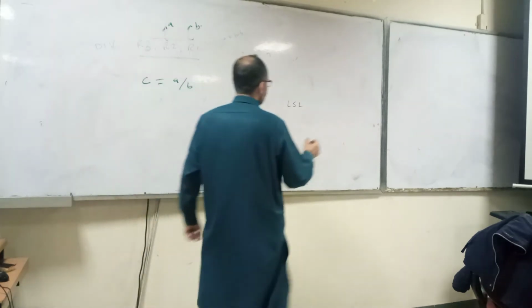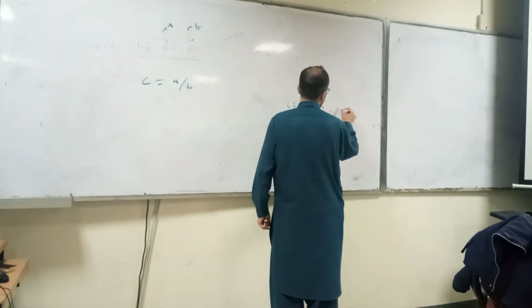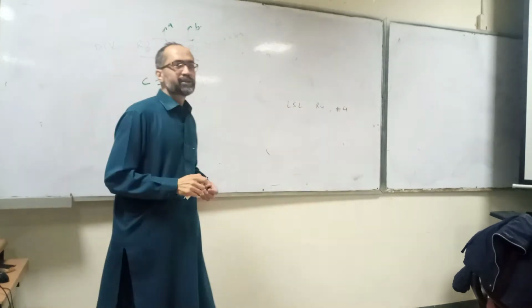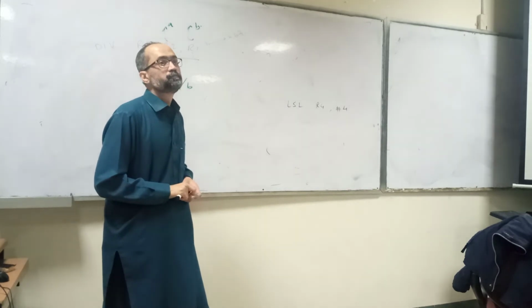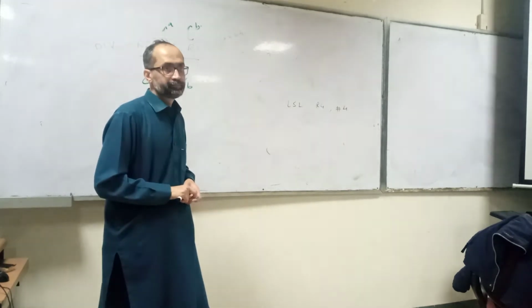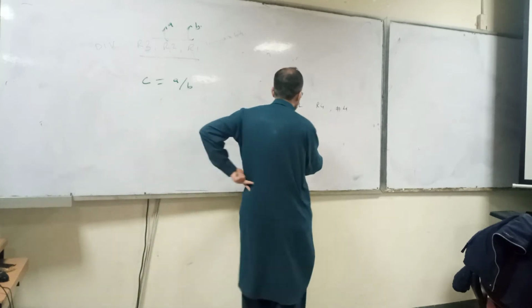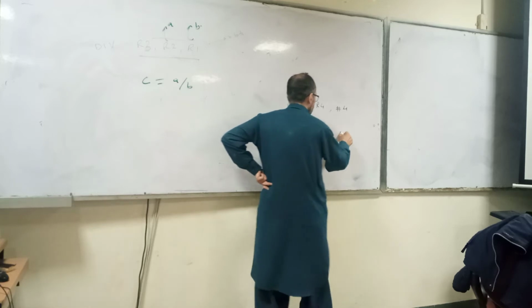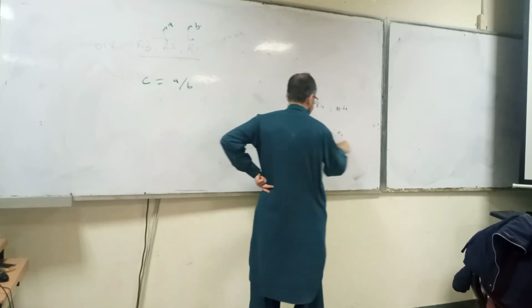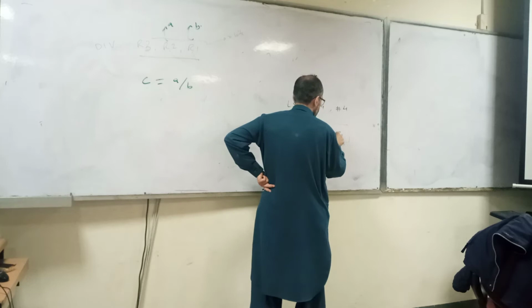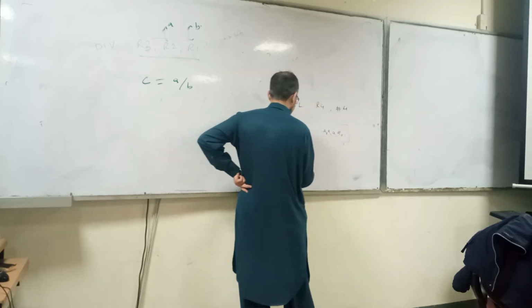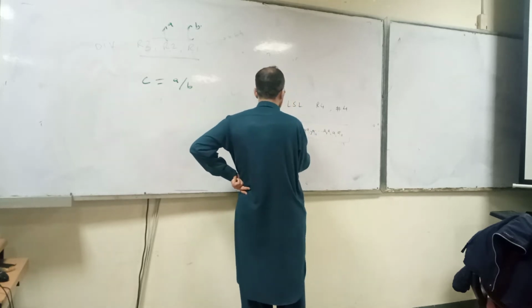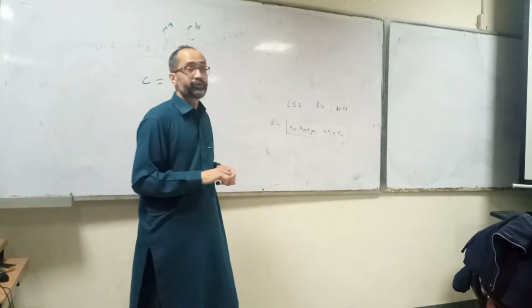Now let's assume we say LSL R4, #4, and let's assume R4 is 16 bits. If the contents of R4 is A15, A14 up to A0, and so on, this is the contents of R4. What will be the contents of R4 after the execution of this instruction?